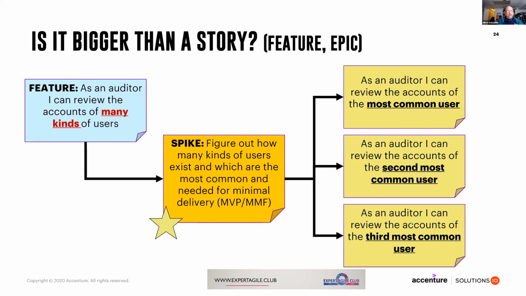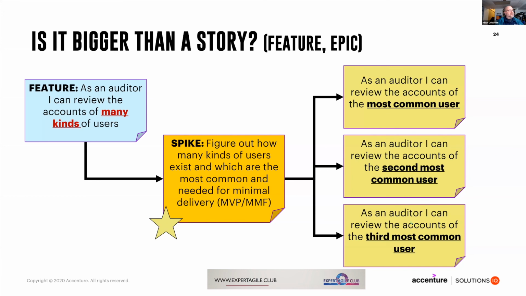And when I get a feature like, as an auditor, I can review the accounts of many kinds of users, my best practice is to have a spike, set some time aside so that you can sit down with subject matter experts and figure out, when we say many kinds, how many kinds of users are there? And what's the most common? What's needed for minimal delivery, which we could say MVP or MMF. MVP, minimal viable product; MMF, minimal marketable function.